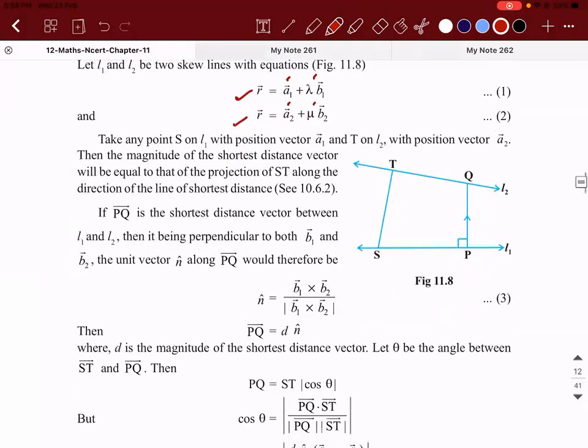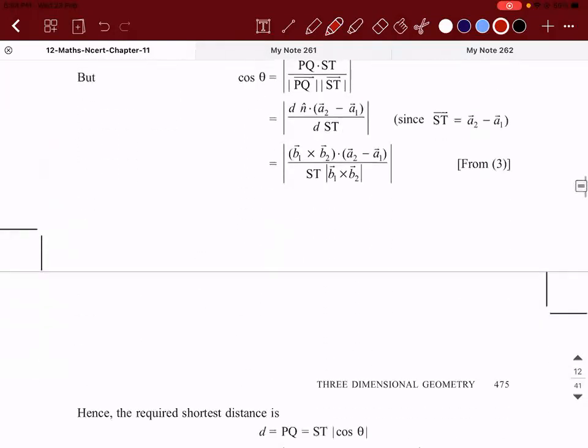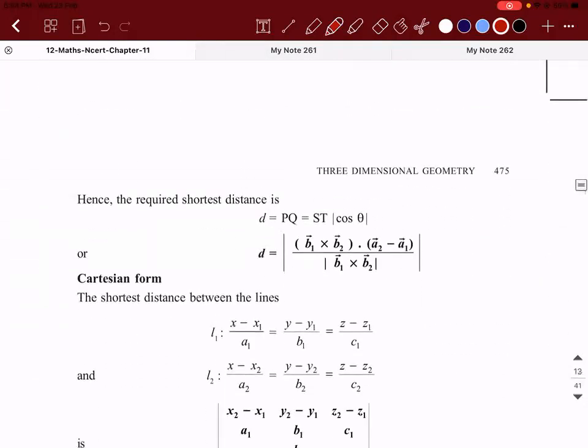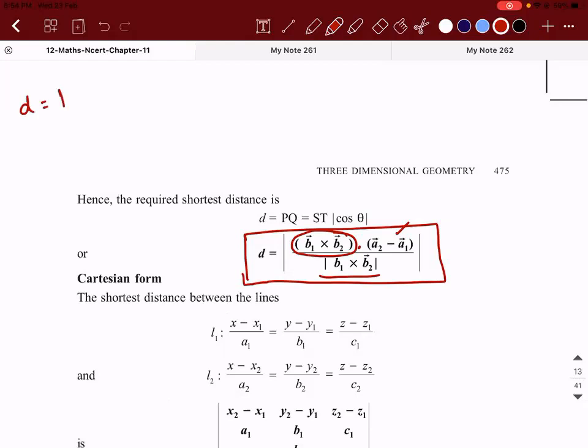If these two skew lines are given, then the distance between them is given as the cross product of B1 and B2 vector, dot the difference of A2 vector minus A1 vector, divided by the magnitude of the cross product of B1 and B2. So the distance is the magnitude of this.